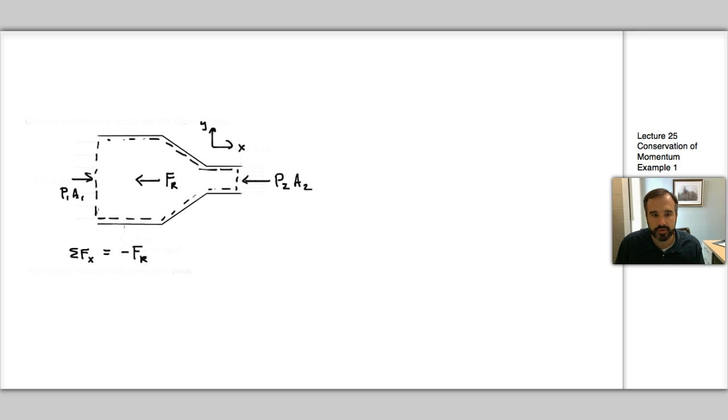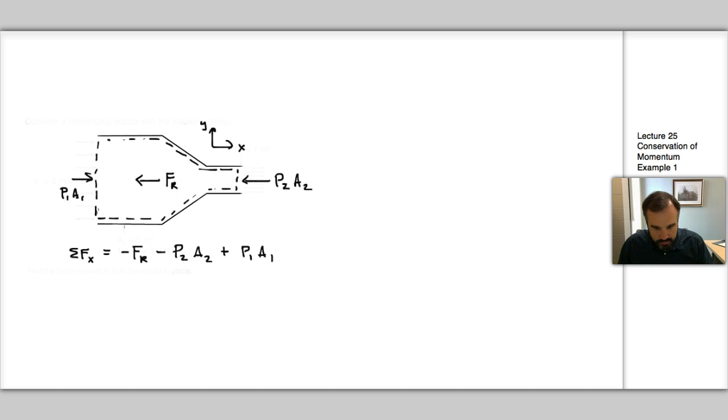It's our resulting force, and it's negative because of the direction that I drew it in relative to our axes, minus P2A2 plus P1A1. Okay? So there is our free body diagram of the forces that we need to solve for.